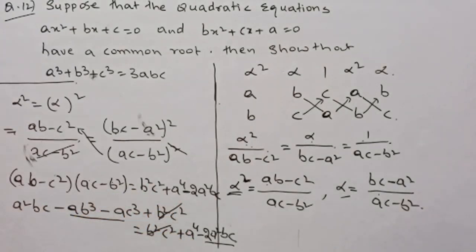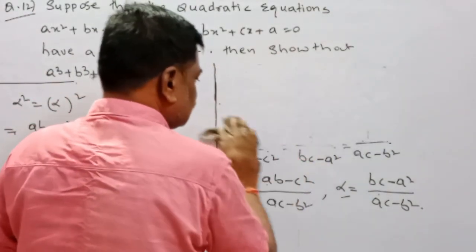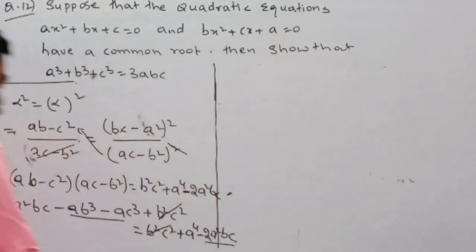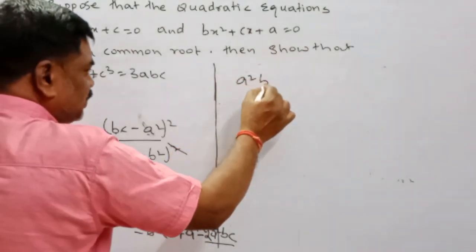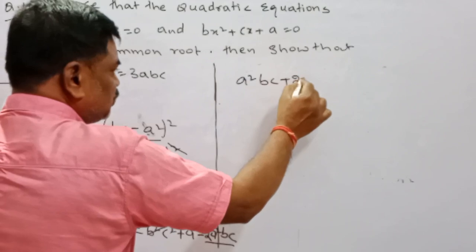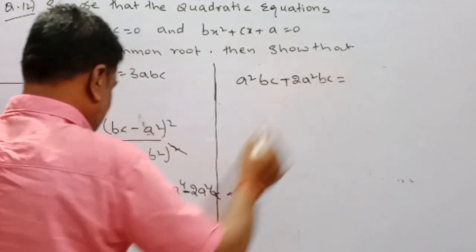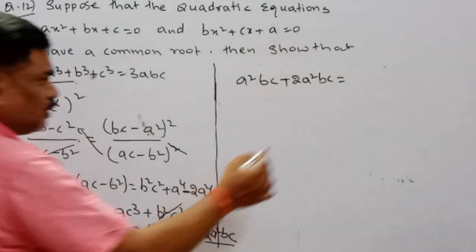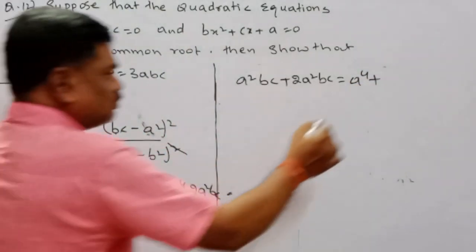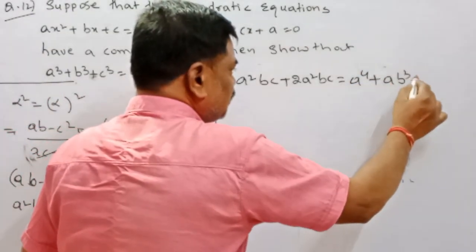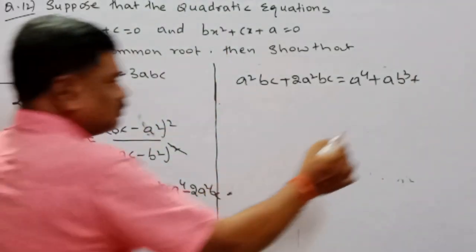So what are the changes? Here a square bc plus a square bc plus 2a square bc equal to a power 4 plus ab cube plus ac cube.